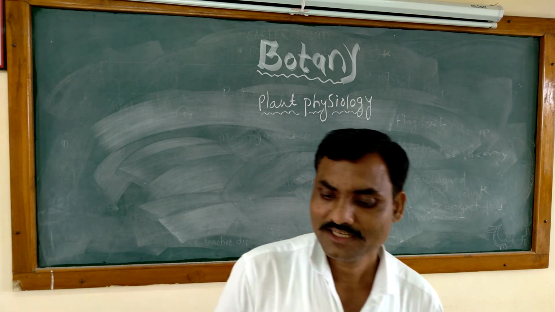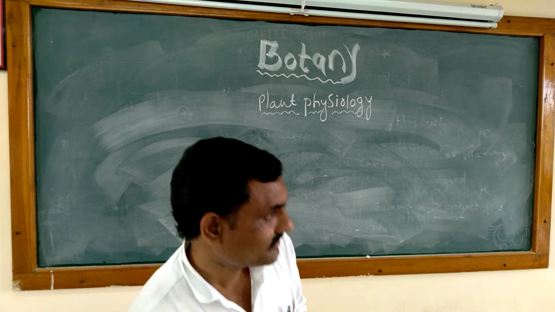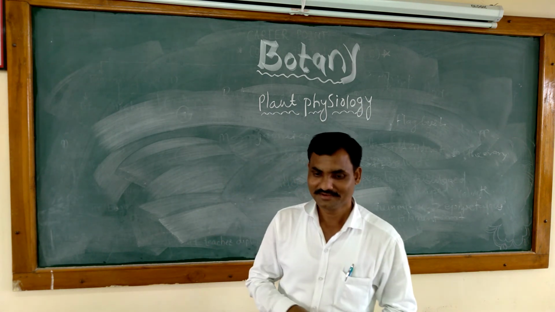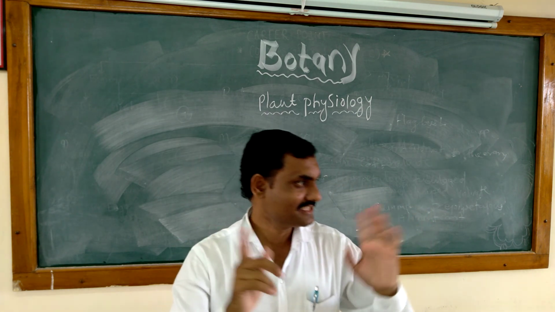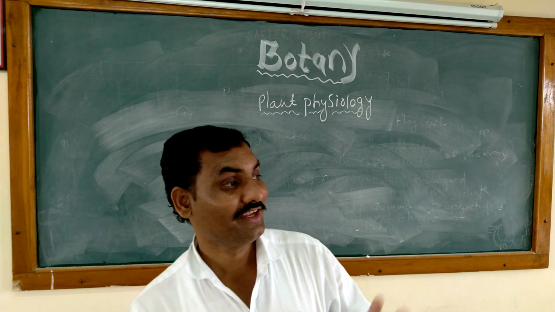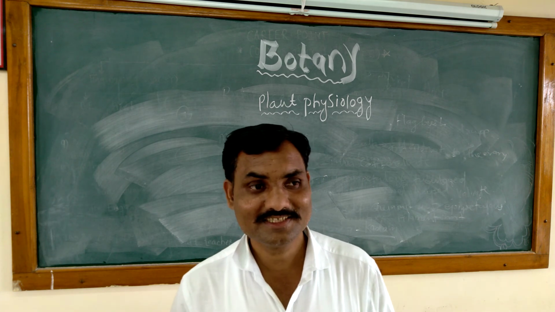Then plant physiology has scope in the training of all applied plant biologists. Each and every biologist requires training in plant physiology. Then agriculturists also require training. Then horticulturists also require training. What is a horticulturist?